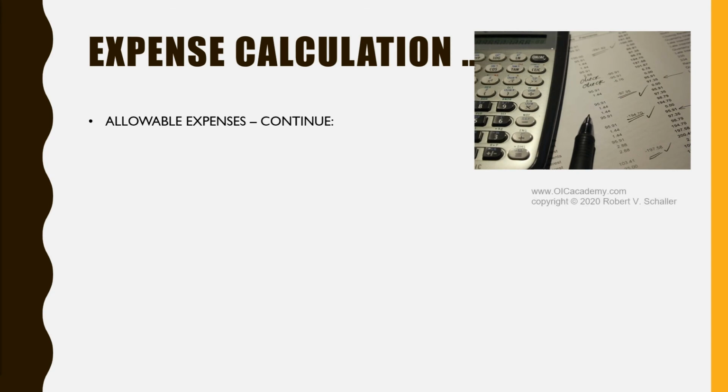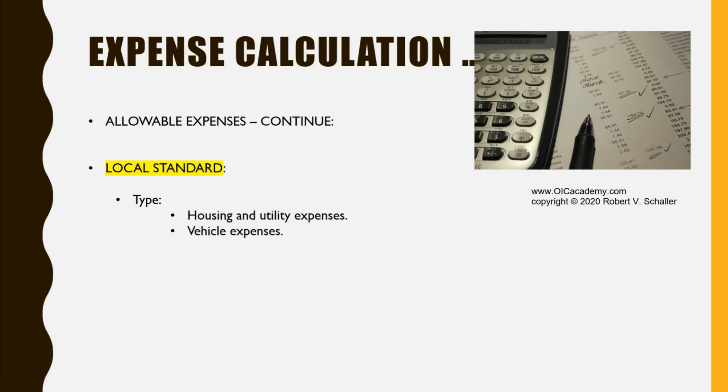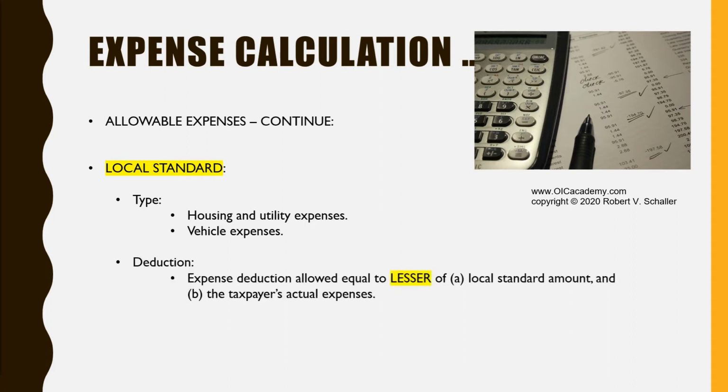Now we will discuss the expense calculation with a focus on the IRS local standard. The most common expense categories limited by the local standard are housing and utility expenses and vehicle expenses. The expense deduction allowed equals the lesser of the local standard amount and the taxpayer's actual expenses.